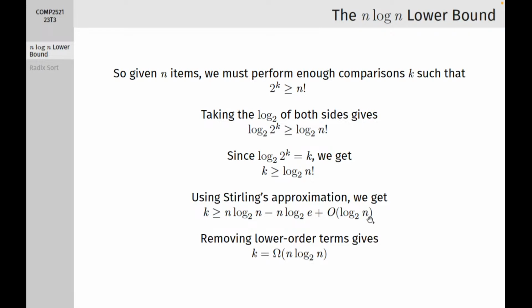Don't worry about this, you don't have to memorize it. If we remove the lower order terms, that gives us k is big omega of n log base 2 n. So this is basically just an informal proof that comparison-based sorts need at least n log n comparisons.